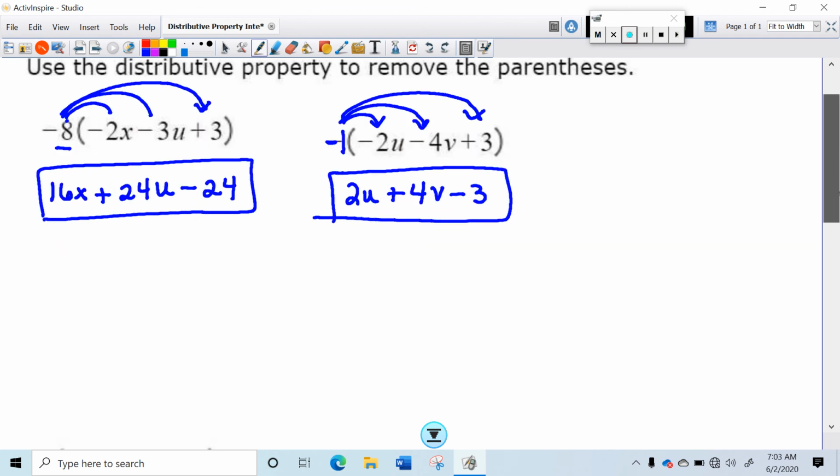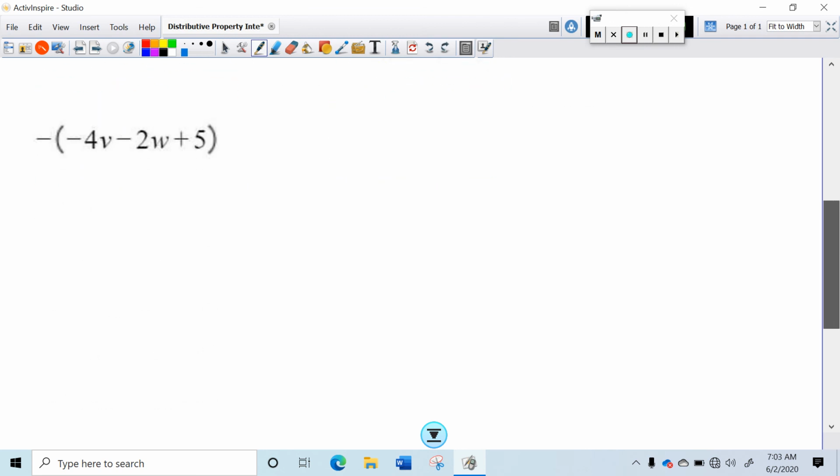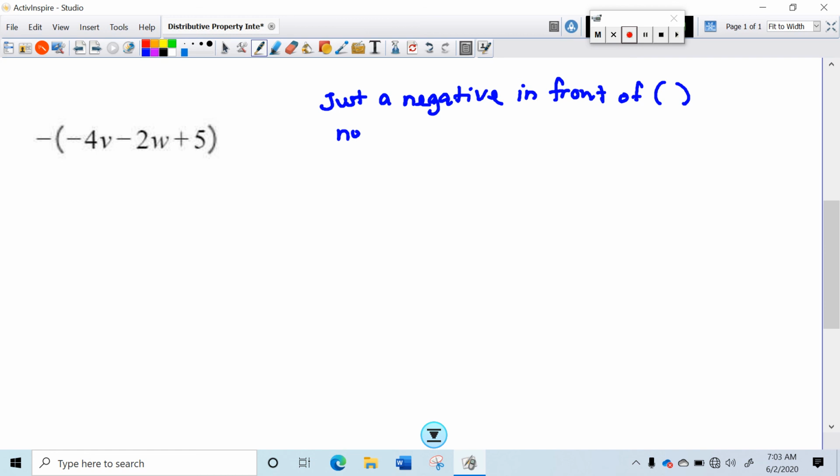Now that I've shown you that one, let me show you a little trick. If you have just a negative, no numbers in front of the parentheses, just a negative in front of the parentheses, no numbers.